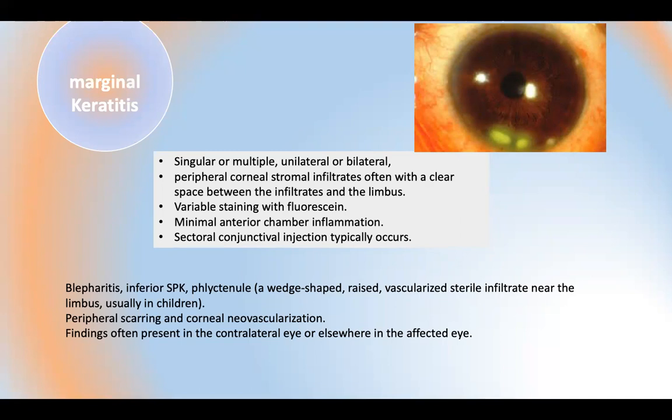Peripheral stromal infiltrates. There is a clear space between the infiltrate and the limbus. Variable stain. It can be accompanied by minimal AC reaction. Some injection could happen. Some other form of blepharitis and other manifestations could be there.